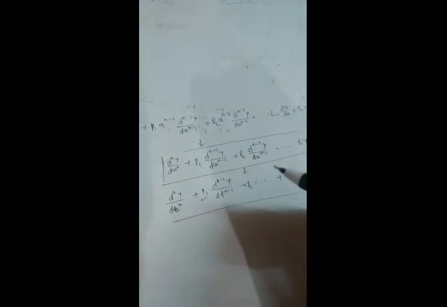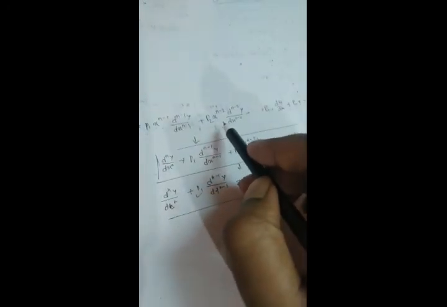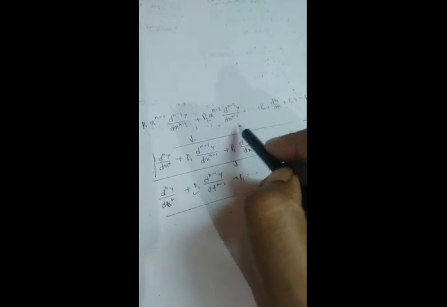Now let us try to solve this type of equation: x^n d^n y/dx^n + p1 x^(n-1) d^(n-1) y/dx^(n-1) + p2 x^(n-2) d^(n-2) y/dx^(n-2) + ... + pn y = f(x).